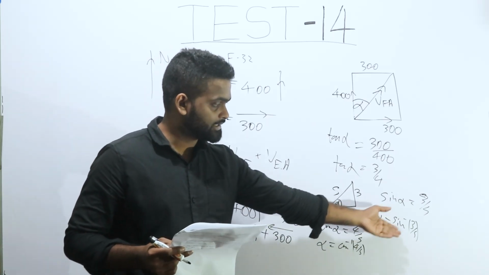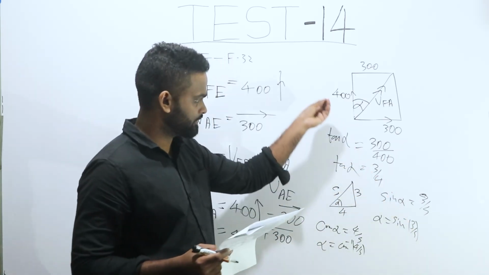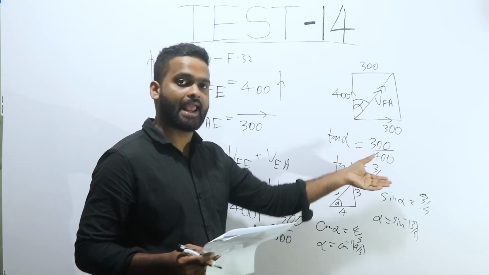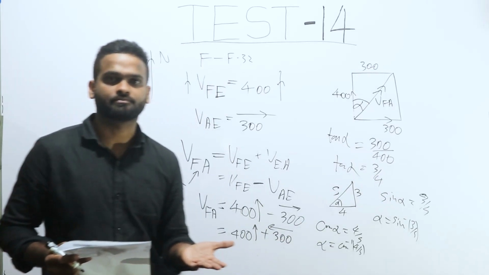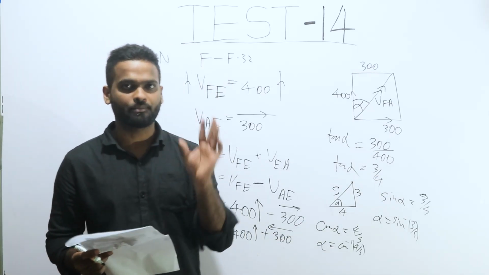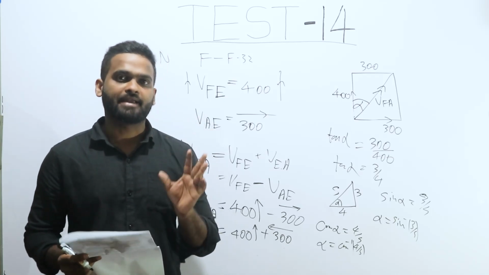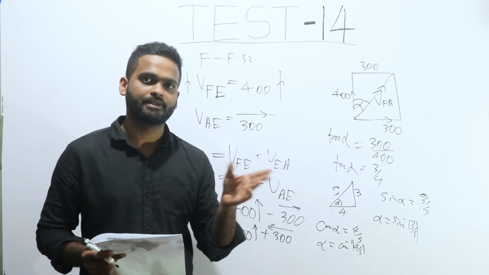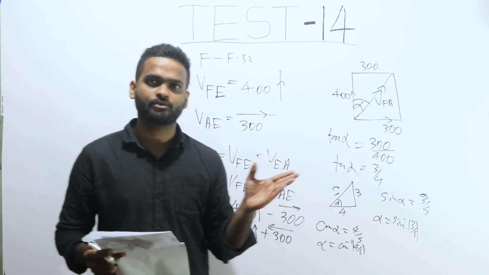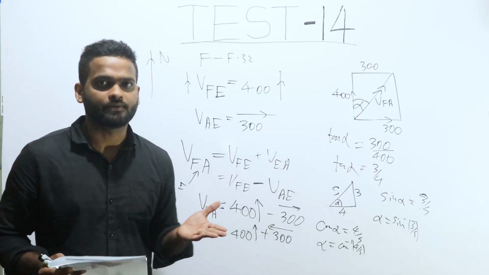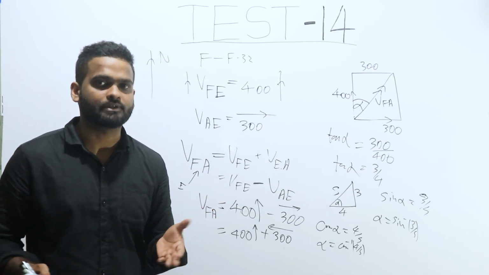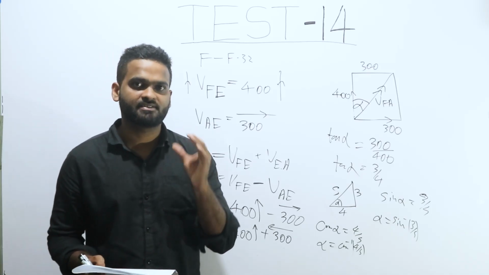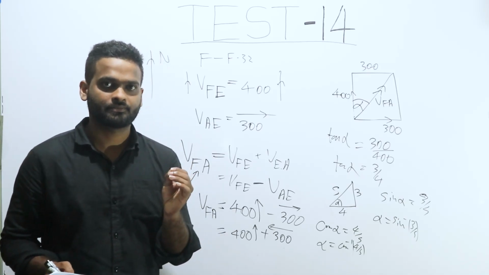In terms of sine, it is 3 over 5. In terms of tan, it is tan inverse 3 over 4. All represent the same angle, but when we take different trigonometric ratios, the value is different. The ratio is different, but all represent the same angle.